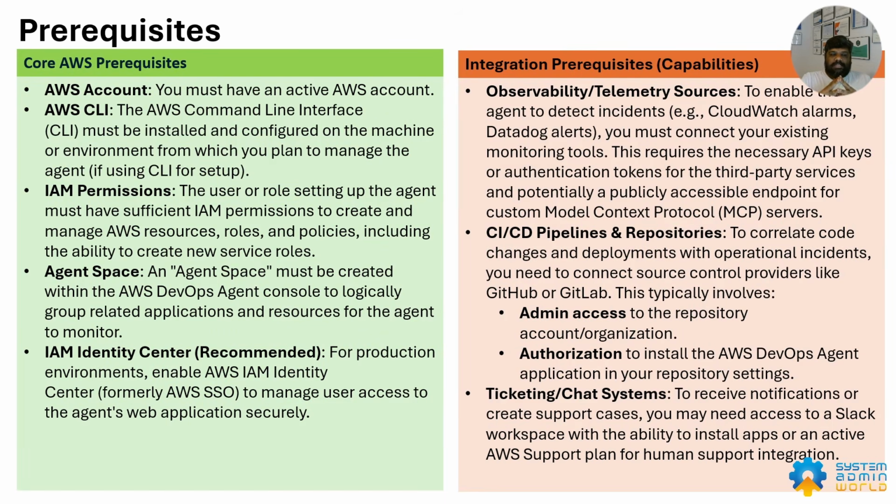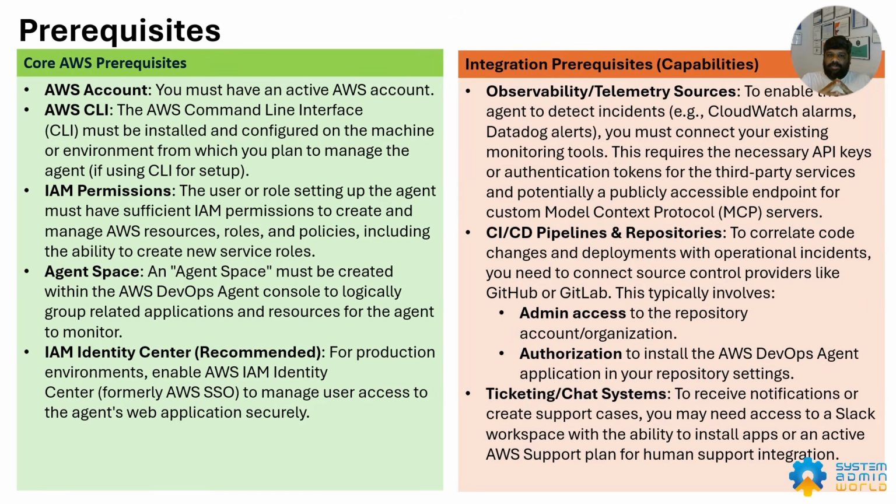Then IAM permissions. IAM permissions are divided into two different parts, which I am going to explain. The user or role setting up the agent must have sufficient IAM permissions to create and manage the AWS resources, including the ability to create a new service role.